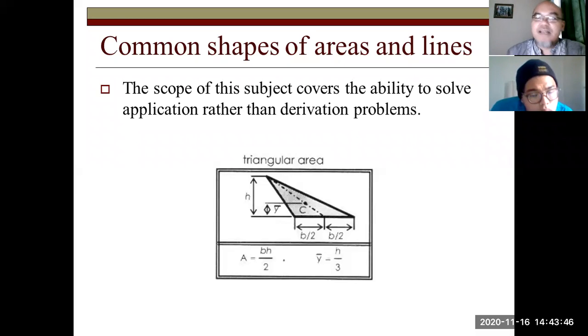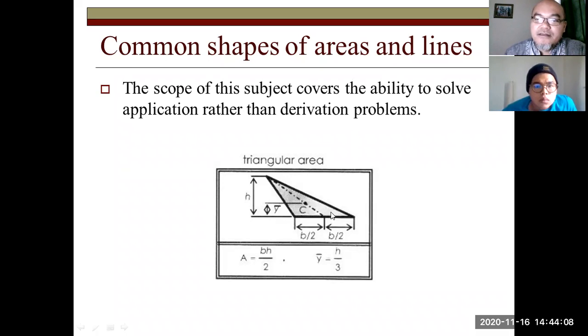So for example, we have a triangle. In this case, the area is equal to the bottom part times the height divided by 2. The centroid is drawn from the apex to the middle of the bottom part.